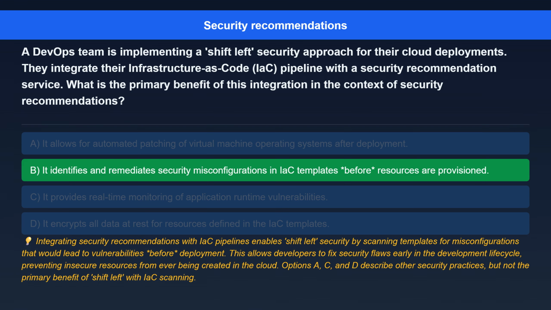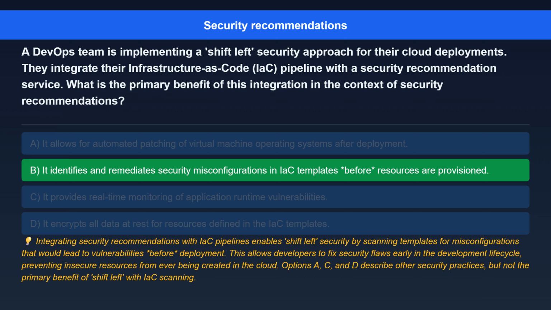The correct answer is it identifies and remediates security misconfigurations in IaC templates before resources are provisioned. Here's the explanation. Integrating security recommendations with IaC pipelines enables shift-left security by scanning templates for misconfigurations that would lead to vulnerabilities before deployment.